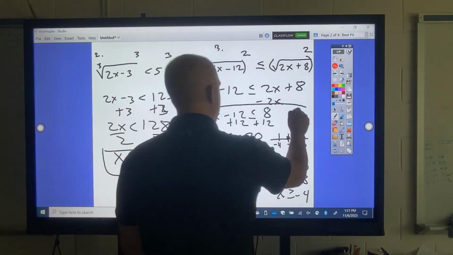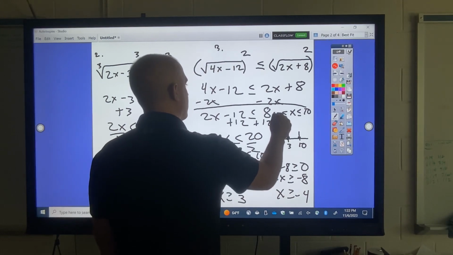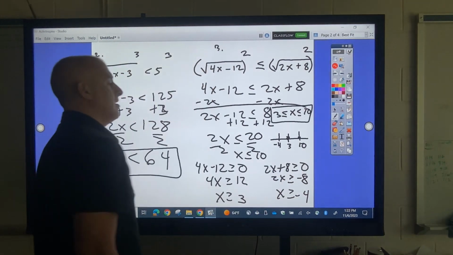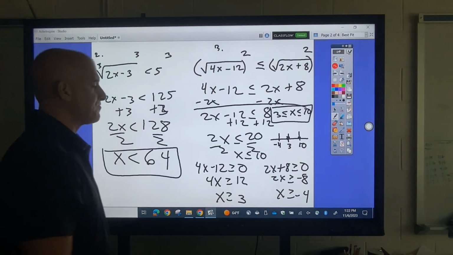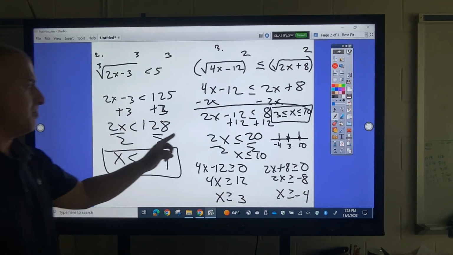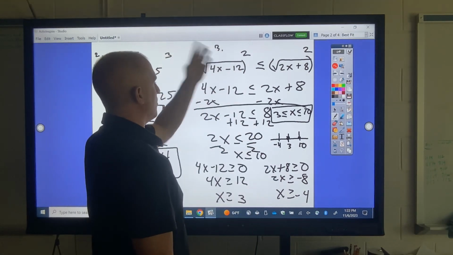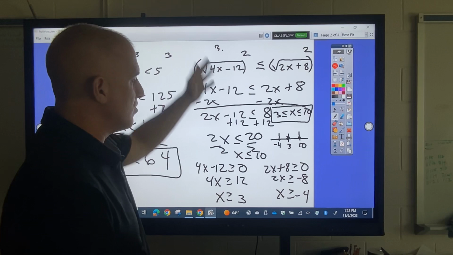So what I can write here is that x has got to be less than or equal to 10, but also greater than or equal to 3. If you pick numbers and put those in, those will work. If you pick something smaller, like 0, then 4 times 0 minus 12 would be -12. That would be bad. You couldn't have that.